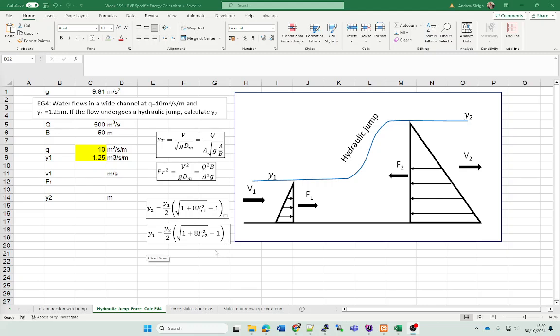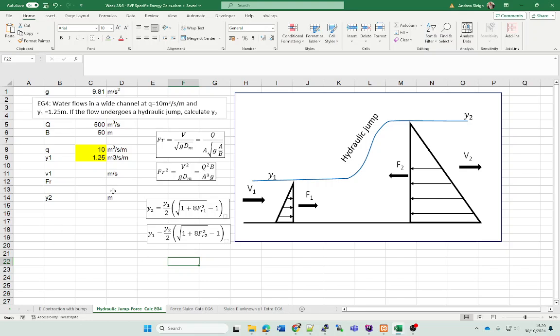Look at the details of the lecture notes to see the derivation of all calculations, but essentially we'll get two equations, one relating the height on one side to the height on the other side of a jump, and essentially these are two solutions which give the same force due to the momentum force and the pressure force.